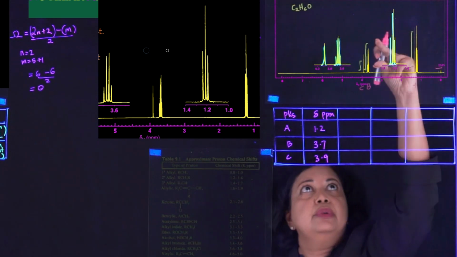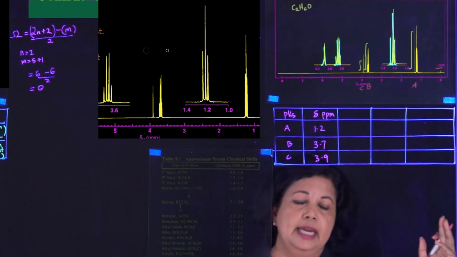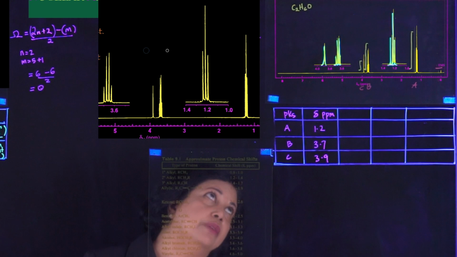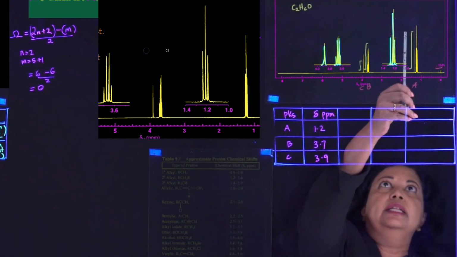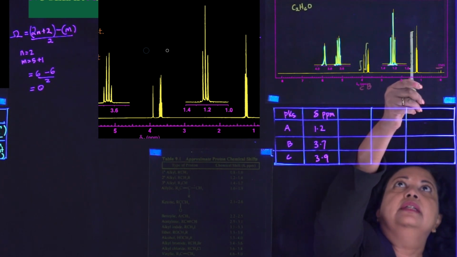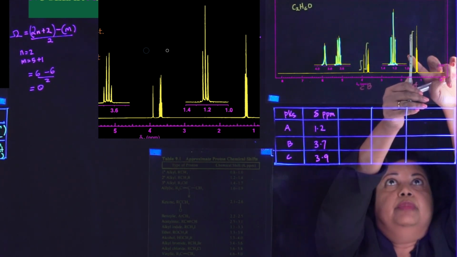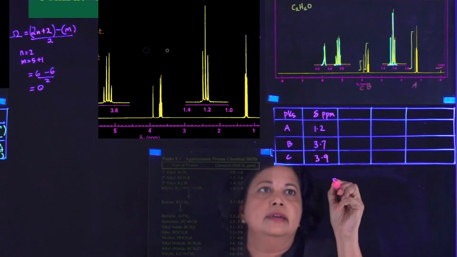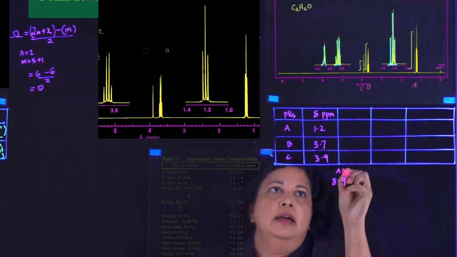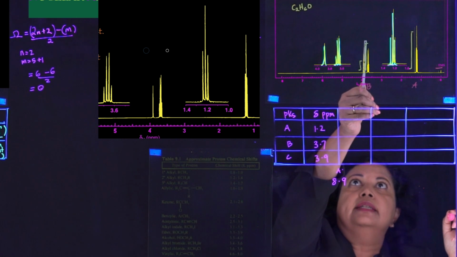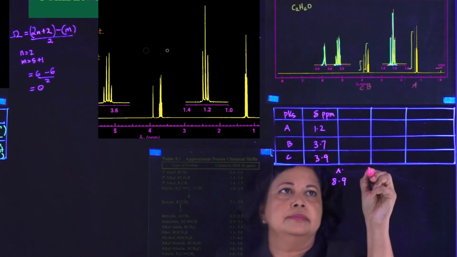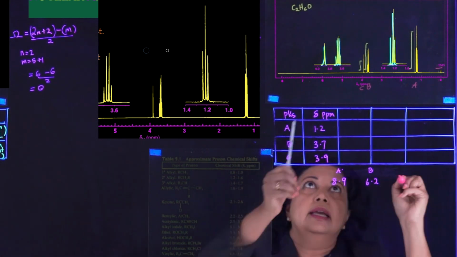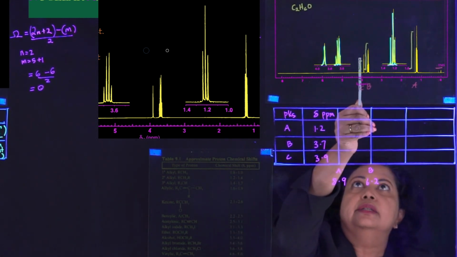Let's look at the ratio between these, and for that we need to take the heights of those and find a ratio, and we've done this now with that one. Let's do the same thing over here. That is going to be about 8.9, and this is about 6.2, and this is about 2.9.